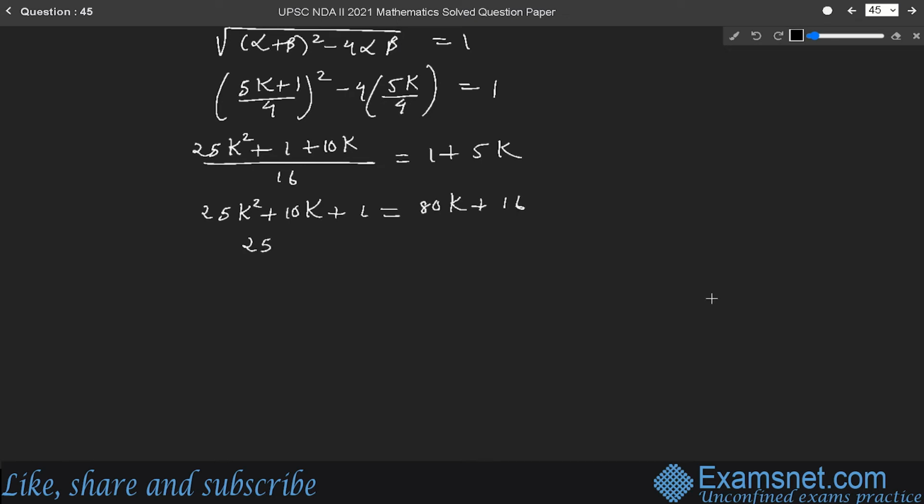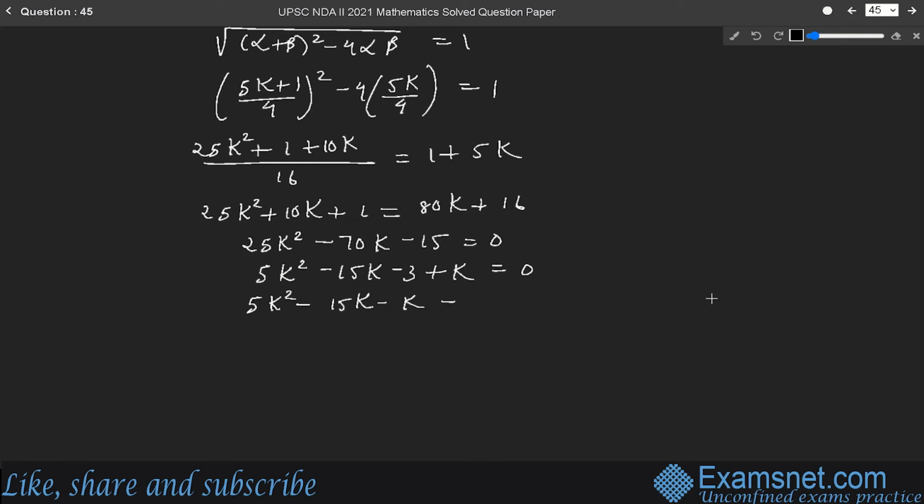So it can be written as 25k square minus 70k minus 15 is equal to 0. That is, 5k square minus 14k minus 3 is equal to 0, which can be written as 5k square minus 15k plus k minus 3 is equal to 0.